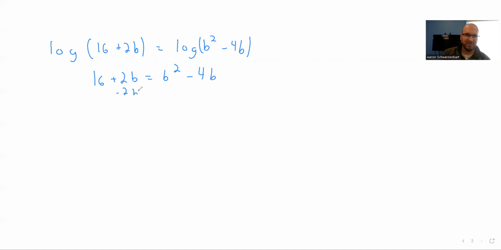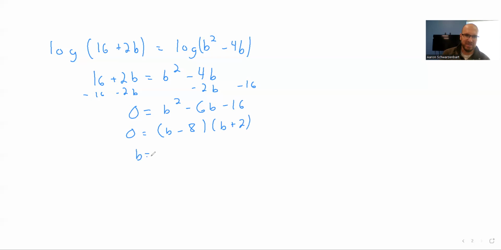Now I'm going to set it equal to 0, so I have a quadratic. I'm going to subtract 16 and 2b from both sides, so my left side equals 0. This feels like I can factor, negative 8 plus 2. So b is equal to negative 2 or 8.